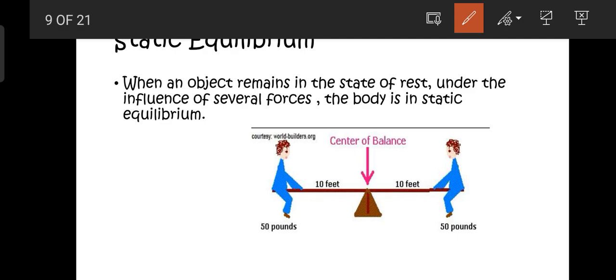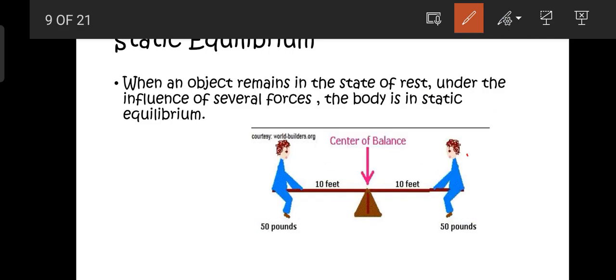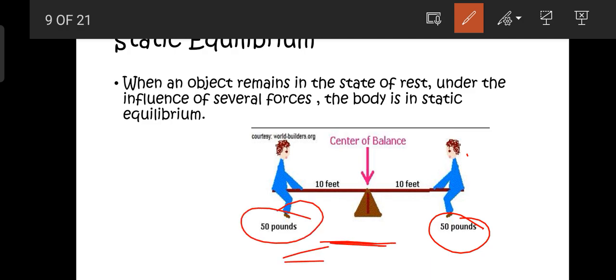See here, 50 pounds and 50 pounds. If you subtract them, the net will become 0, the resultant will become 0. So this is the first condition.